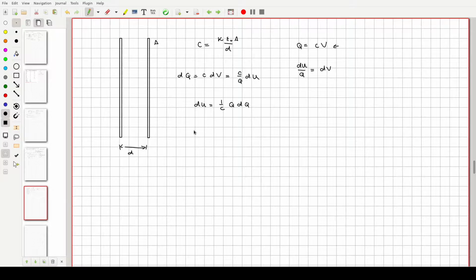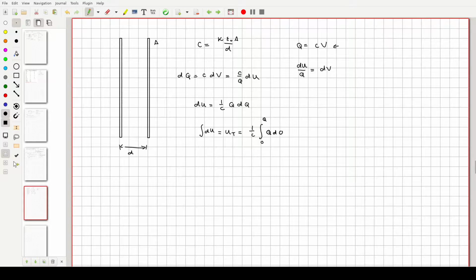So the act of charging this is storing energy within the capacitor. So I'm going to integrate both sides. When I integrate the left-hand side, that's going to give me the total stored energy. I'm going to bring the C out because it's constant, from a charge of 0 and take it all the way up to whatever its maximum charge is going to be.